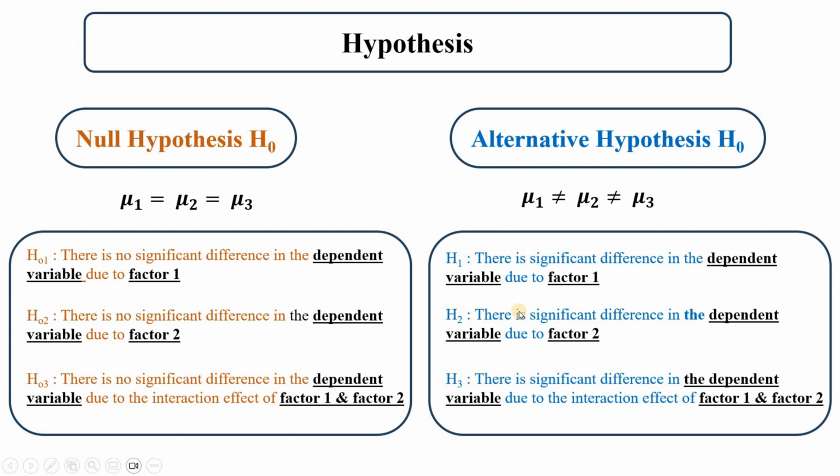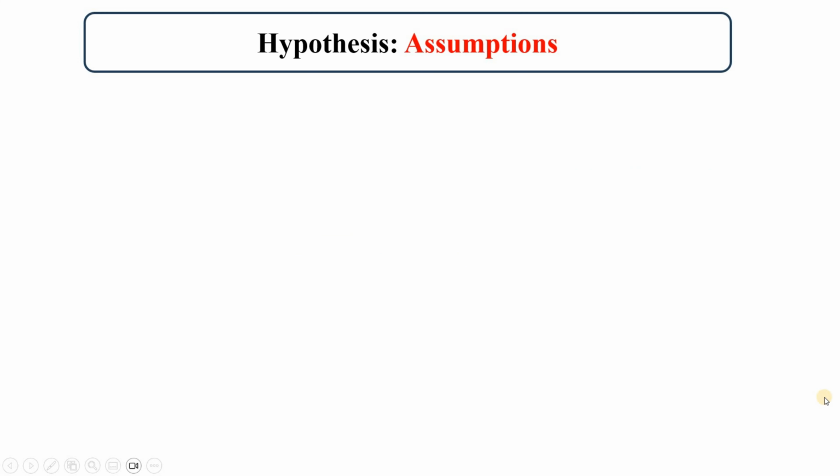Correspondingly, there will be an alternative hypothesis. And the third null hypothesis will be there is no significant difference in the dependent variable due to the interaction effect of factor 1 and 2. Accordingly, the alternative hypothesis will say there is a significant difference due to the interaction effect of factor 1 and 2.